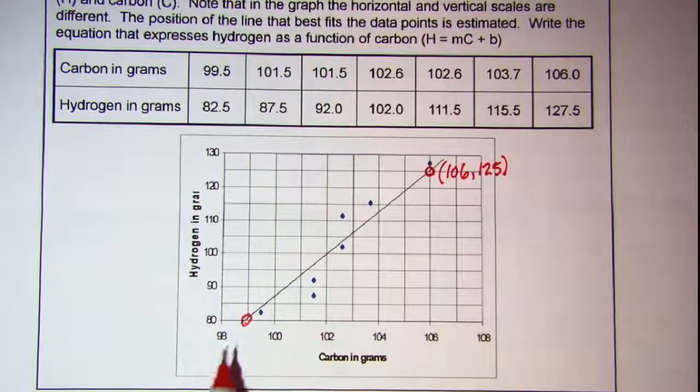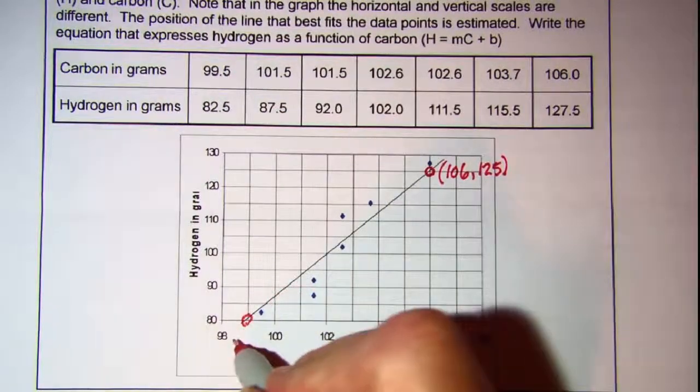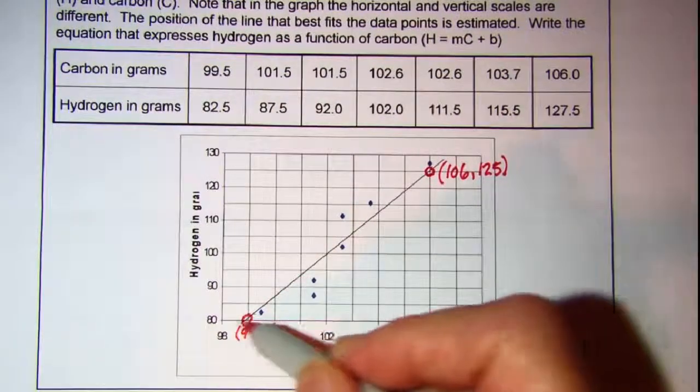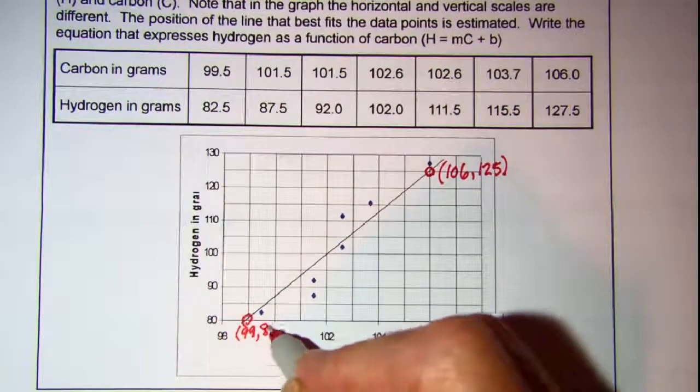This one, we don't know the x-coordinate, but it's going to be exactly between 98 and 100. So our x-coordinate is going to be 99. And the y-coordinate is 80.